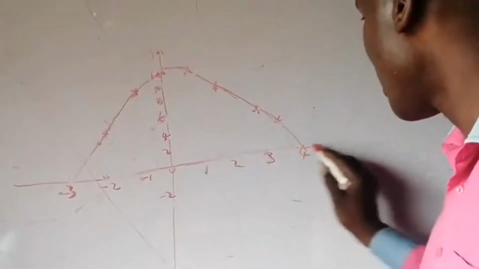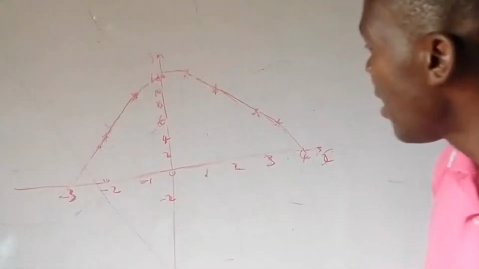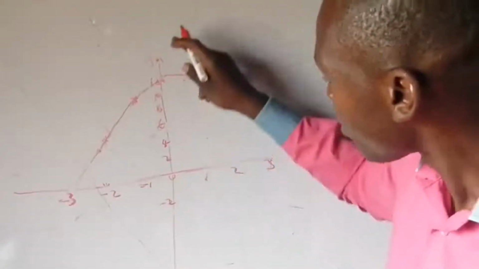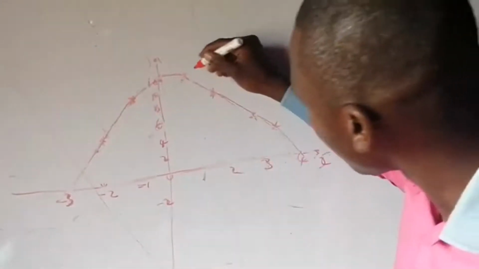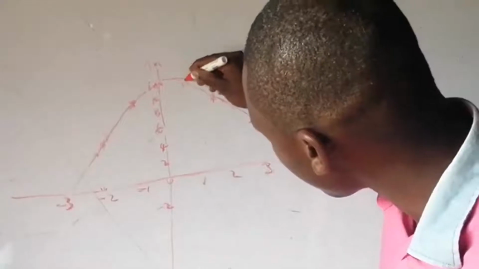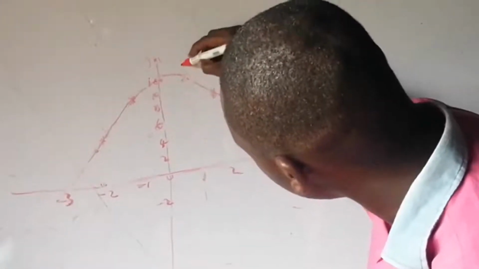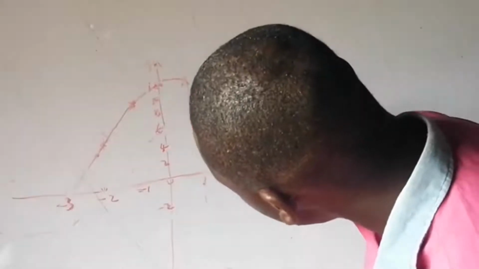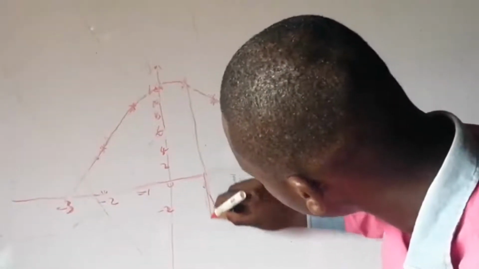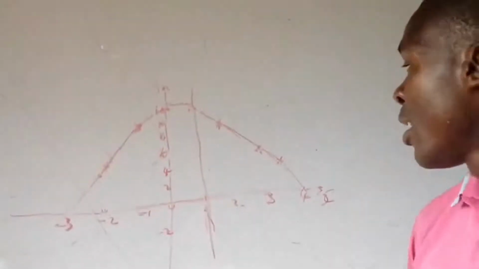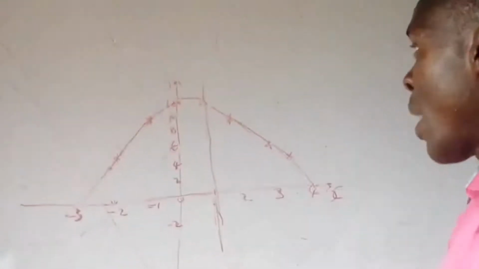This is the x-axis, and the line x is equal to 1, and also the y-axis. Remember, the line x is equal to 1 is a vertical line which crosses the x-axis at 1.